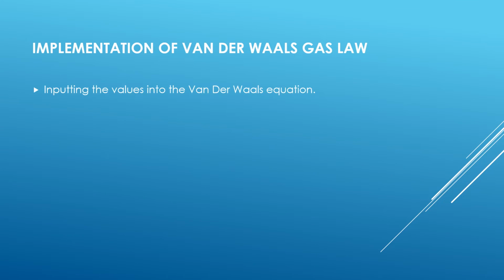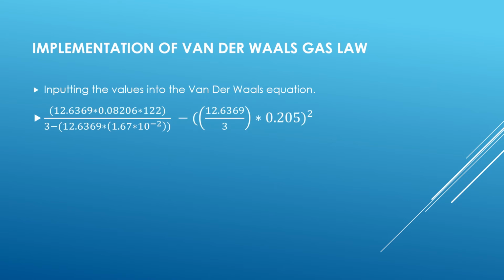We now need to input the values into the rearranged van der Waals equation. So, pressure is equal to 12.6369 times 0.08206 times 122, all divided by 3, minus 12.6369 times 1.67 times 10 to the power of minus 2, all of this minus 12.6369 over 3, multiplied by 0.205, with squaring everything after the minus sign.